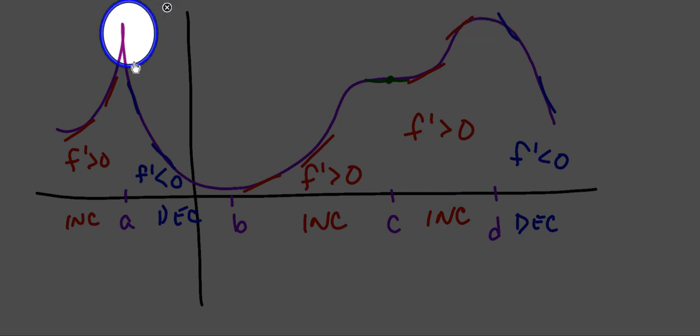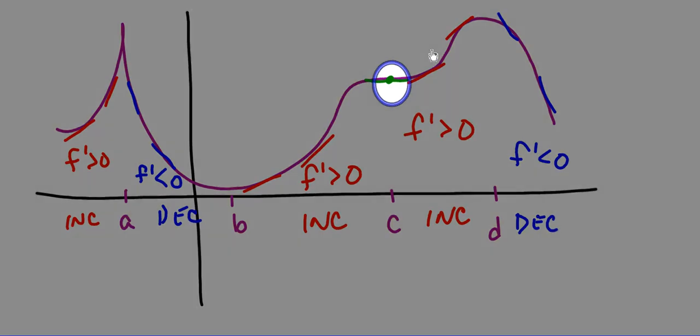So in both of these cases, the derivative changes from positive to negative because the function changes from increasing to decreasing. At the min, the derivative changes from negative to positive. The function changes from decreasing to increasing. But at a point like this, where the tangent is flat, but the derivative is positive on both sides, this is neither a max nor a min.